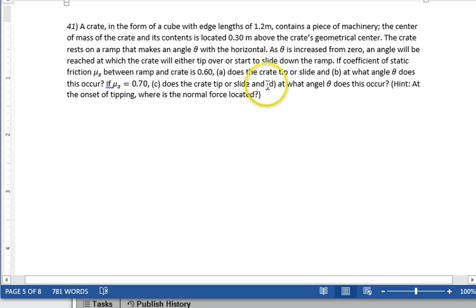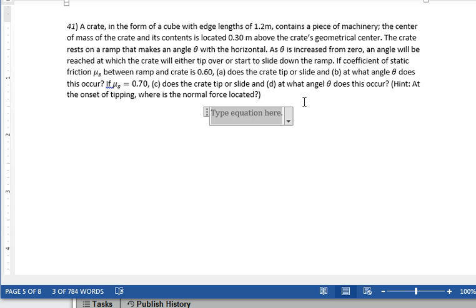So when we ask where it begins to slip, we're really asking where mu s mg cosine theta equals mg sine theta, which comes down to sine divided by cosine, which is tangent.